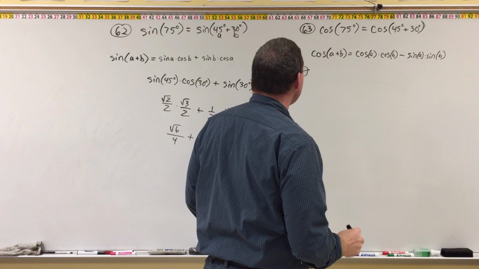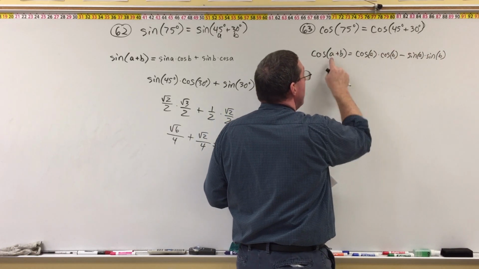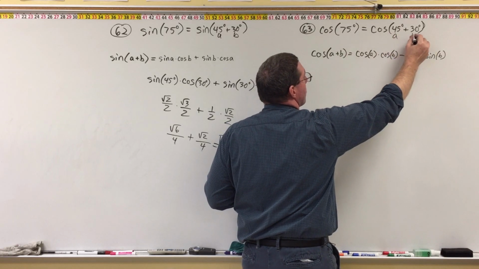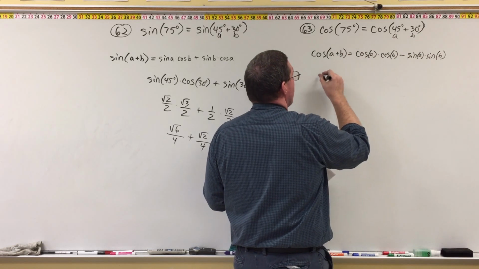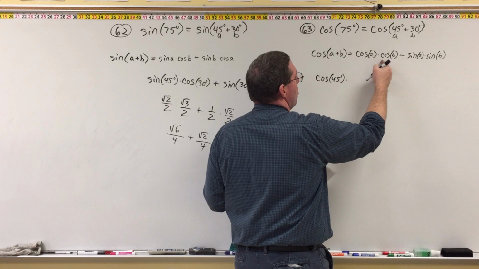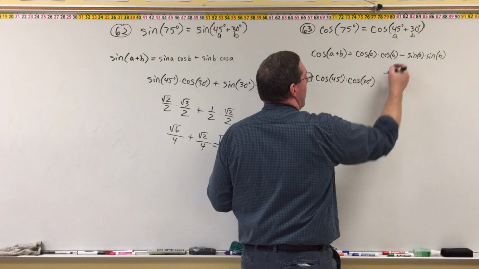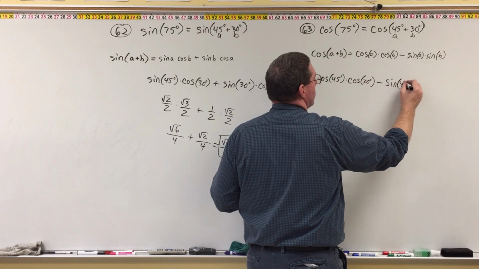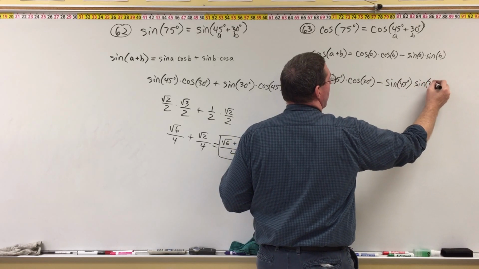Okay? So to find cosine of 75, which is 45 plus 30, a is going to be 45, b is going to be 30 again. So we're going to do cosine of a, that's cosine of 45, times cosine of b, that's cosine of 30, minus sine of a, which is 45, times sine of b, which is 30.